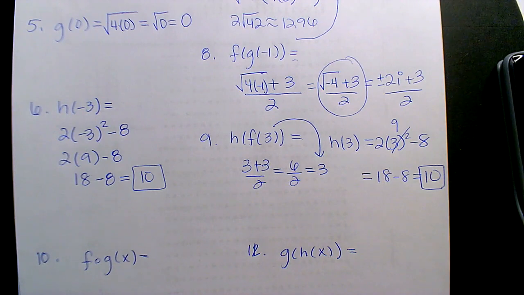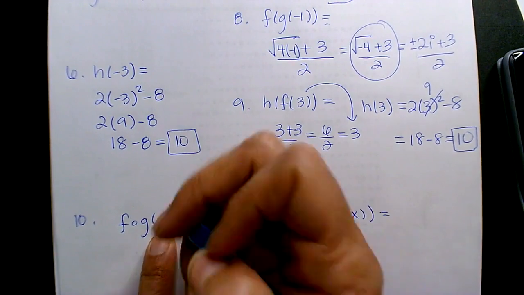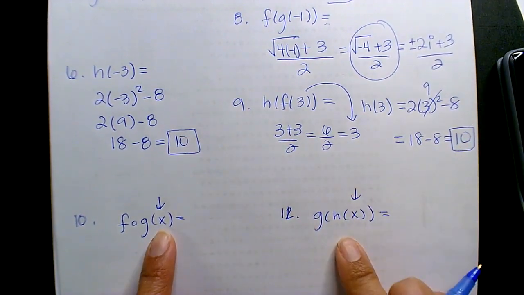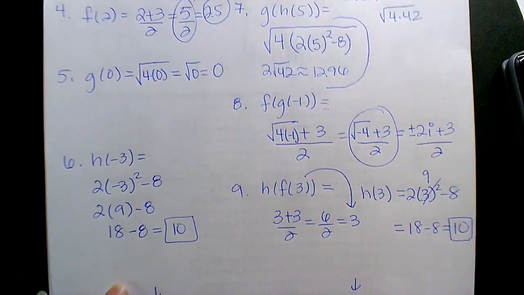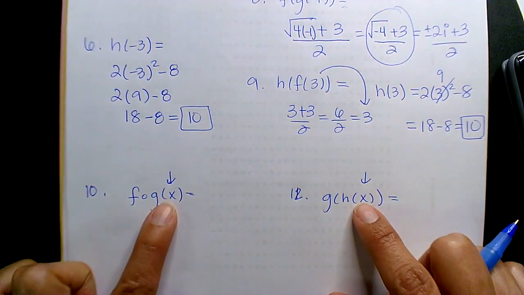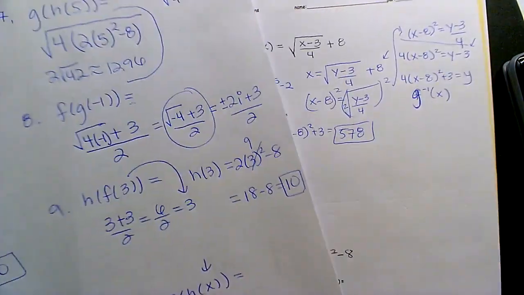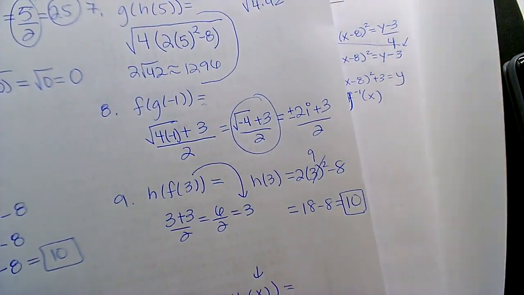Okay, 10 and 12, I guess I didn't put in 11. F of g of x. So look, you guys had an x here, so you're not going to get a clean number like all of these. You're going to get an expression, a function, with multiple terms. Let me do this because I'm running out of space.